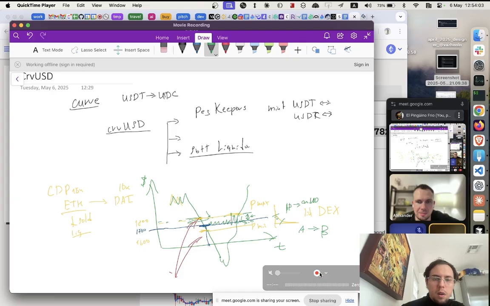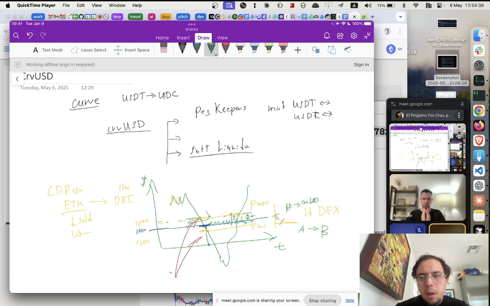Maybe it's still better to go to, let's say, Fluid, which is capital efficient, remember, it's a DEX and lending protocol at the same time. Do you have any questions?